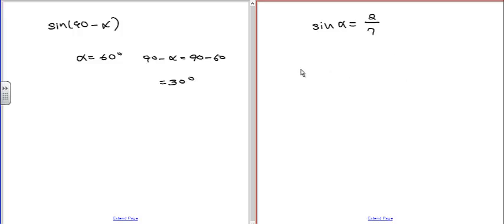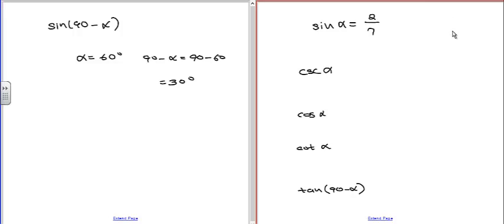I want to know what the cosecant of alpha is, the cosine of alpha and the cotangent of alpha. And then finally the tangent of 90 minus alpha. Okay, so I want to find the exact value.